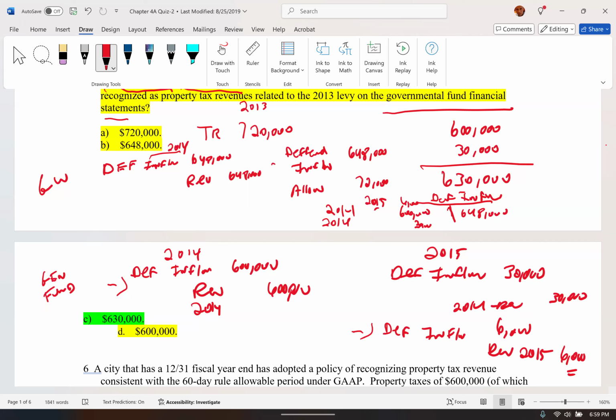And then I would write it off, because presumably there was nothing in the allowance for that amount since I thought I was going to collect it when I put it in deferred inflow, the 648. So for that part that may be remaining in deferred inflow that I never collected and want to write off, I would debit deferred inflow, credit the allowance, and then write it off by debiting the allowance and crediting the receivable, in other words, taxes receivable.